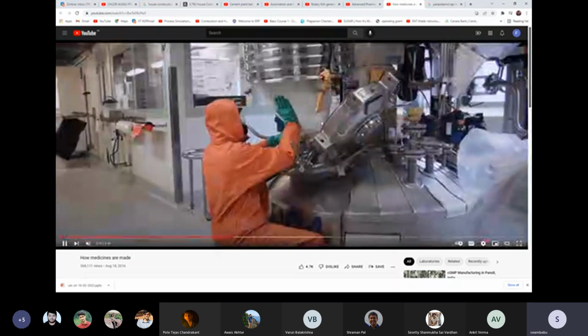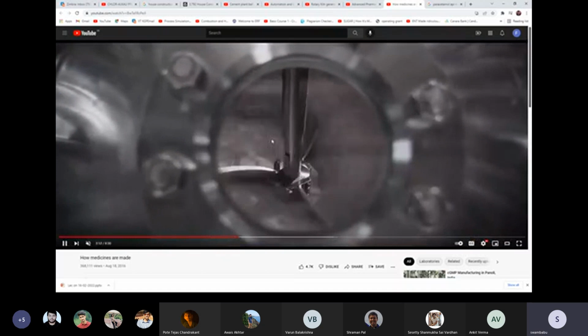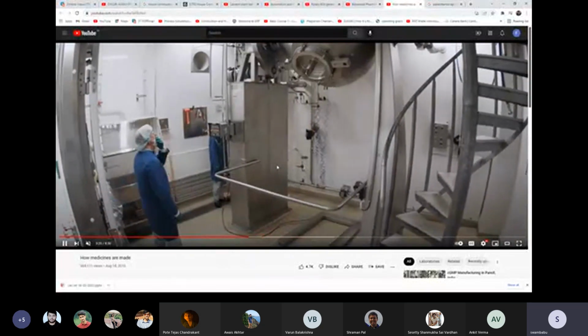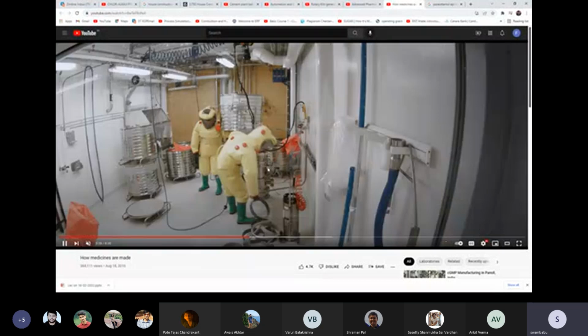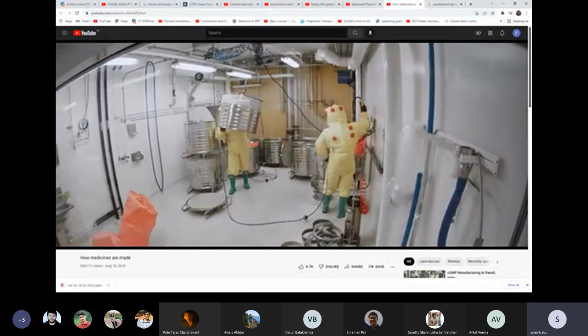So they will feed the required chemicals, and they will mix in the batch reactor continuously for the required amount of time. Once the complete reaction is achieved, whatever solvents and unwanted components they added, they will remove out.